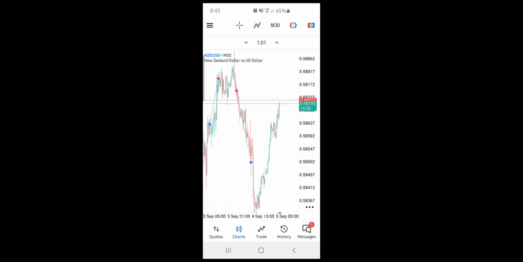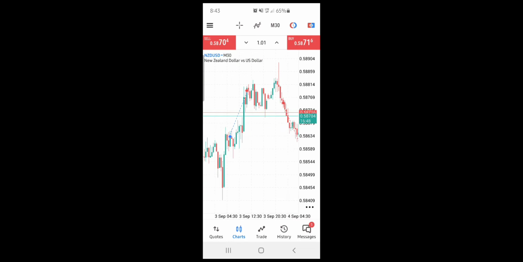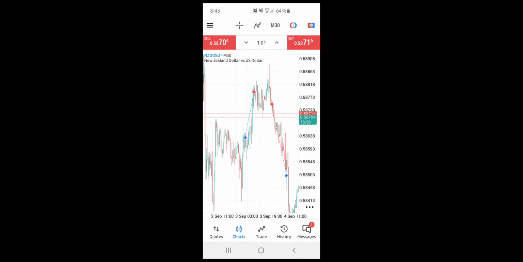Like this is a typical example of what I was saying. This entry was when price was about to break above the 50, the threshold of 50, and then I had to just take the scalp here, setting my stop loss here, and price went all the way to my target.